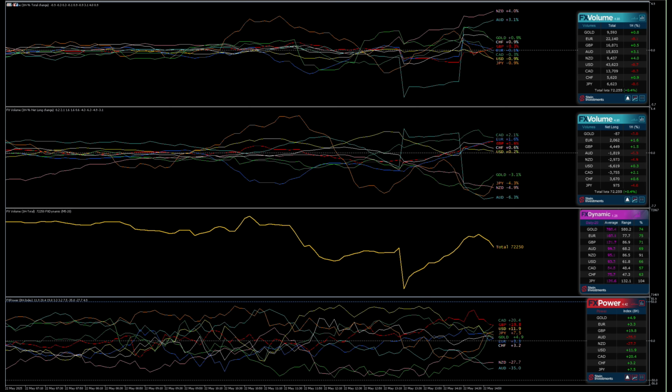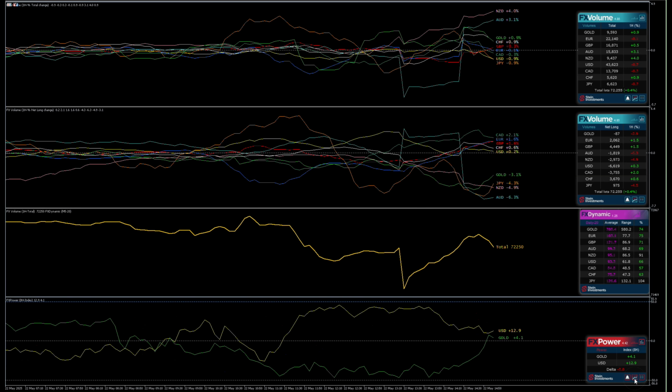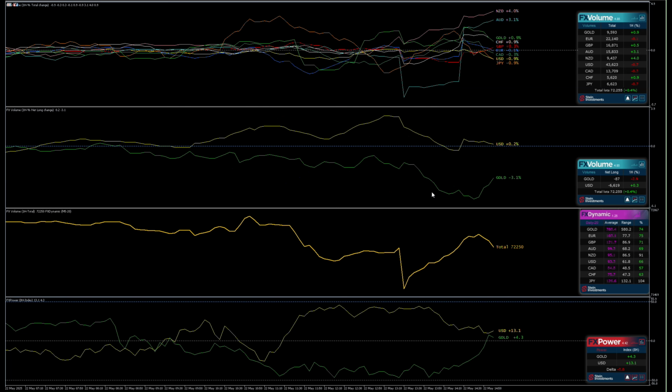And I noticed this today and started with the focus mode to get a clearer insight on what's going on here. And I would say we can drop the total volume because it's not relevant for this approach. And we can also drop this total volume here because it covers the entire Forex market and this isn't so relevant for the gold trading pairs.